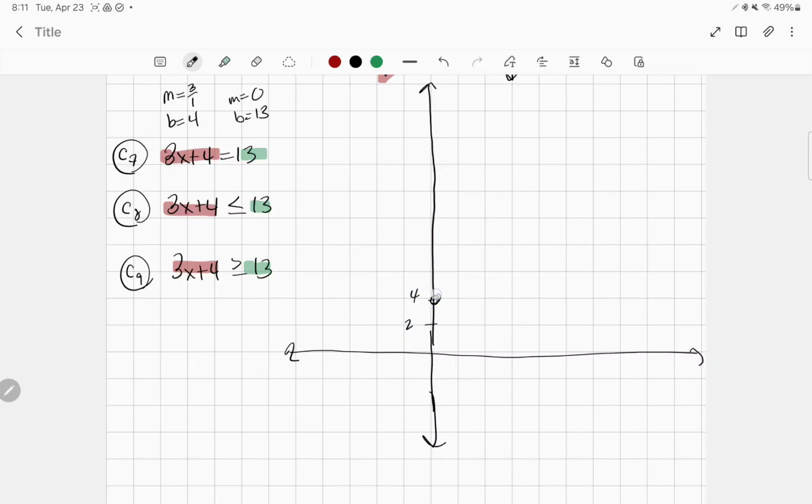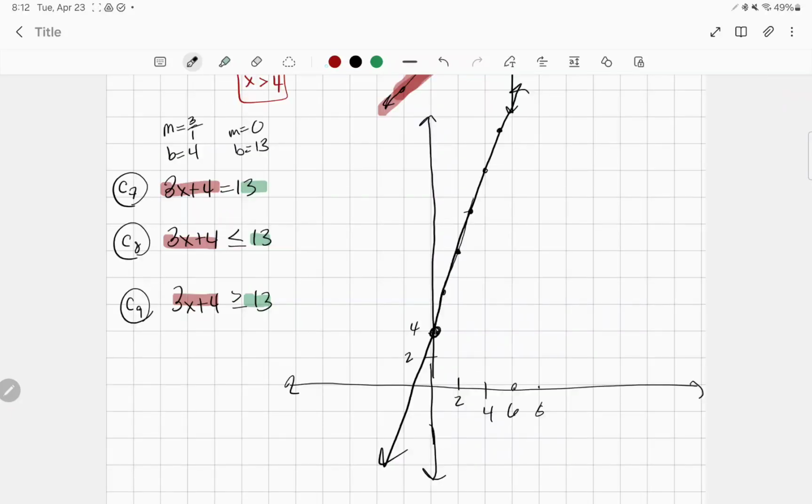So y equals 4 is right here, and then your slope is 3. So you go up 3 over 1, up 3 over 1, up 3 over 1, and you can keep going. And it's going to look something like this. So that's the red one, so I'm going to highlight that in red.